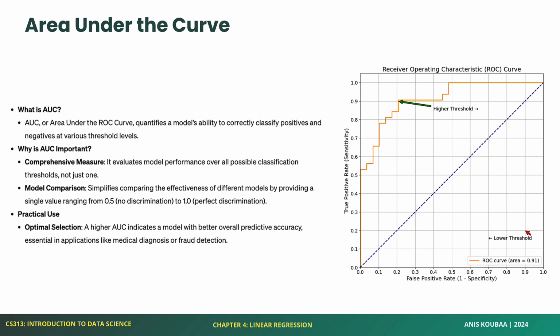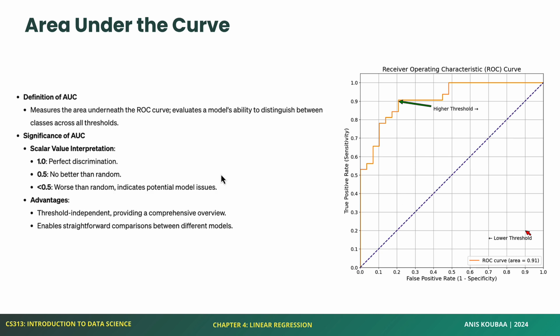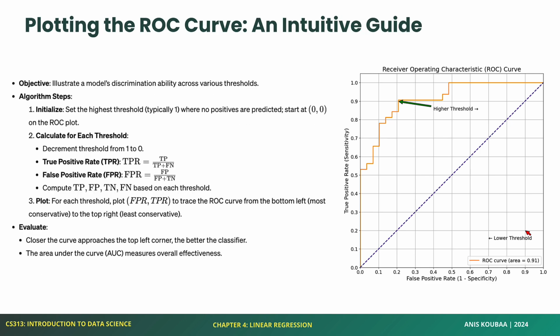So we need to find something. The objective is not to find the highest one, but to look at the overall performance of the system regardless of the threshold. You see what I mean? So here the model gives around 91% robustness. This is how we evaluate it. Now this is the standard approach.